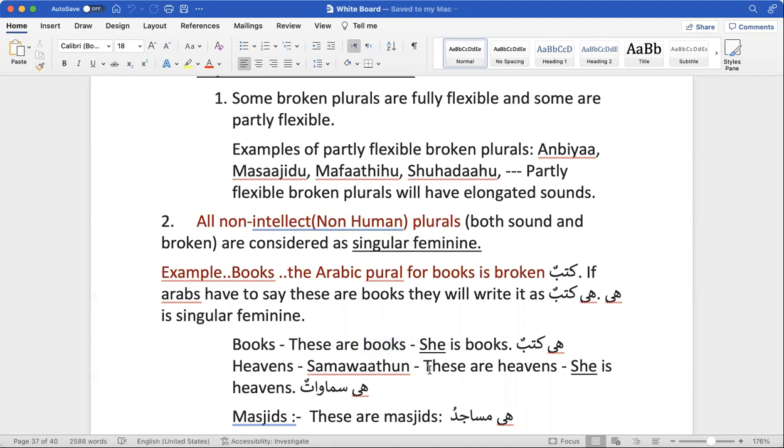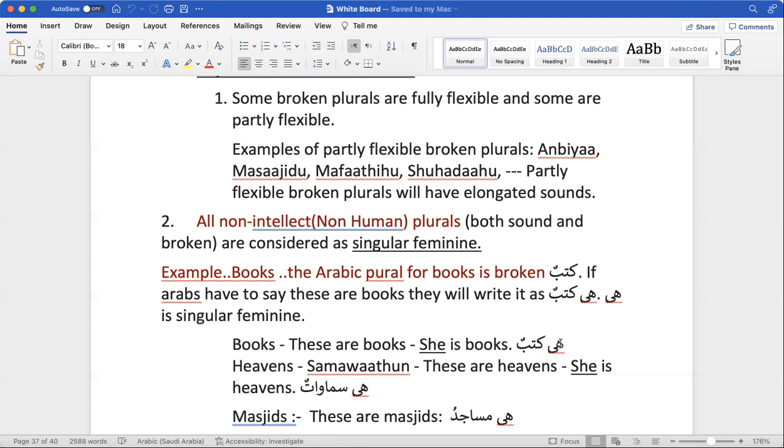So when they have to say these are books, they will not write haulai kutubun. Haulai means these. They will write hiya kutubun. Hiya means she. Arabs understand that hiya kutubun means these are books.